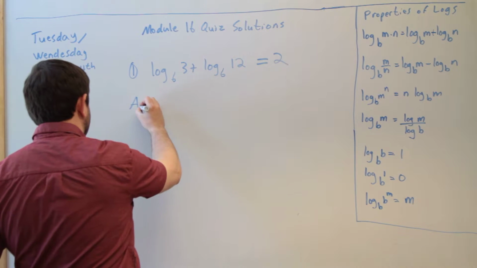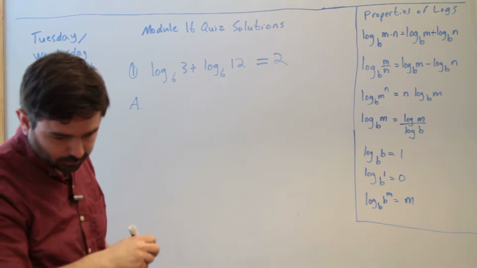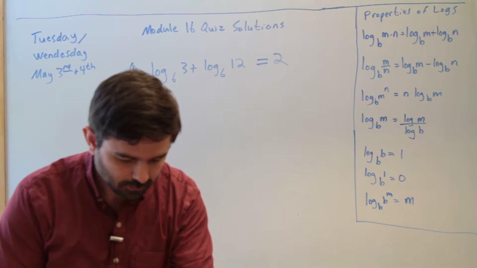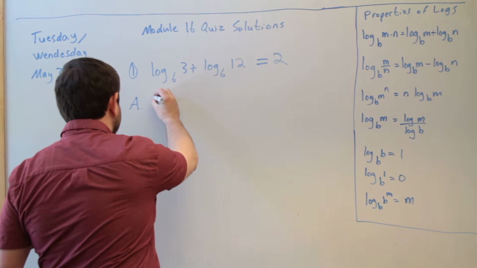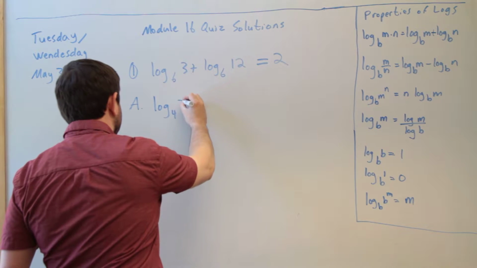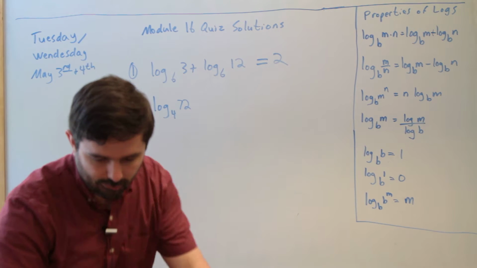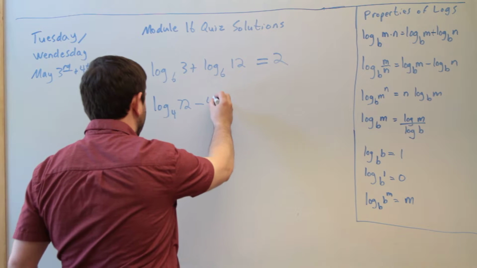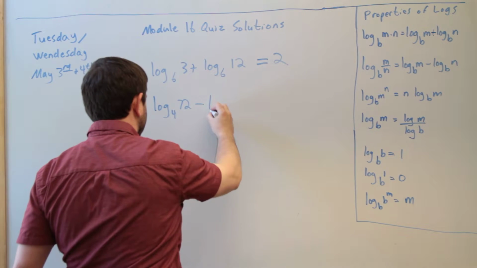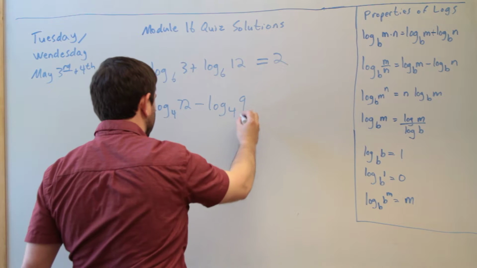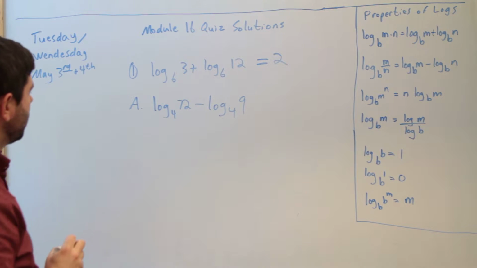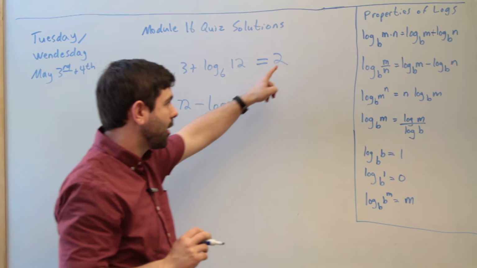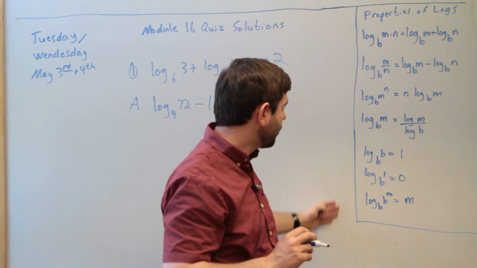So here is A. Log base 4 of 72 minus 4 log base 9. Okay, well, what can we do here? I see subtraction, so we're going to go find our property of logs that uses subtraction.